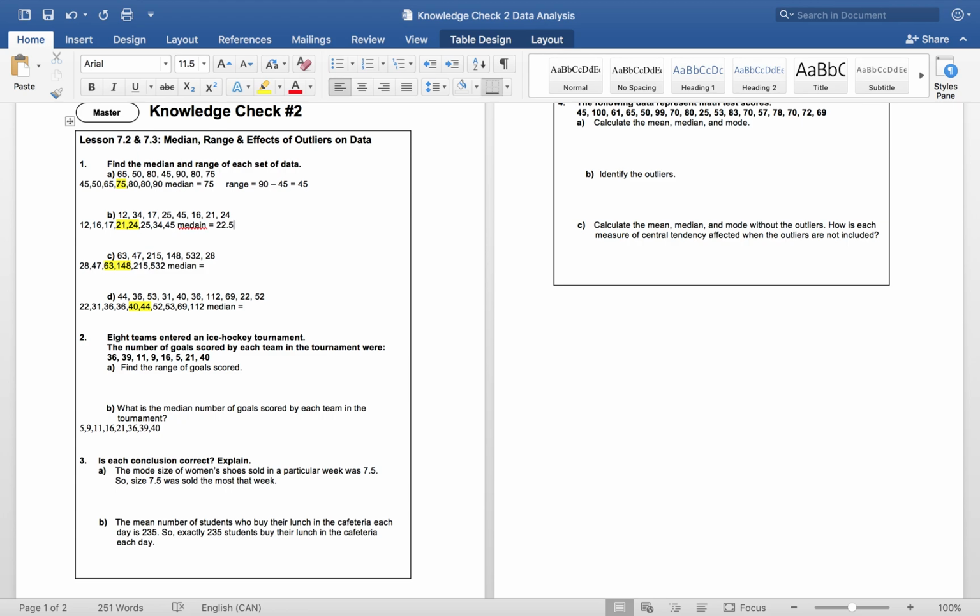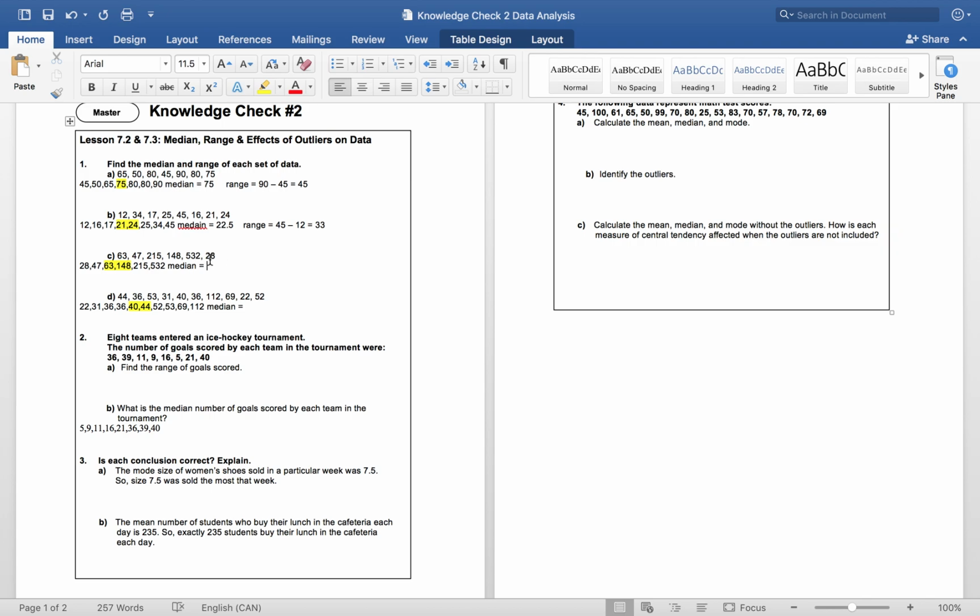There's your median. And our range is once again our largest number. So 45, subtract 12, which gives us 33. 1 mark for your median, 1 mark for your range.